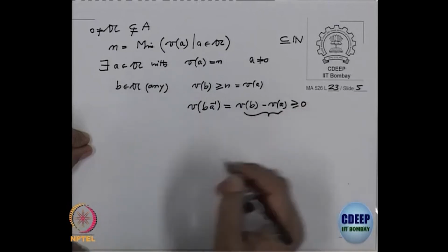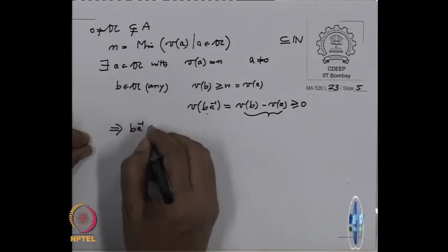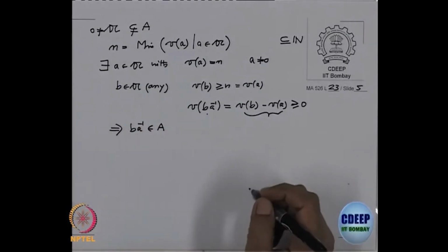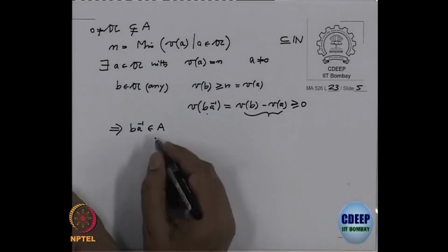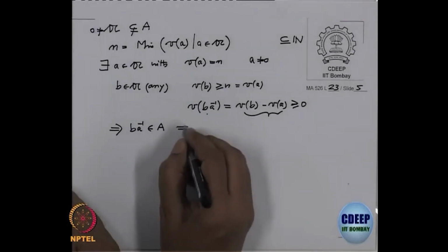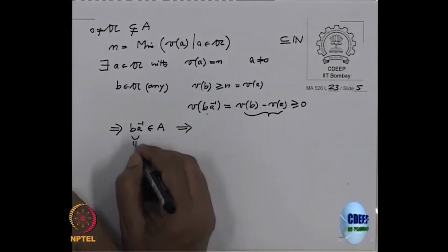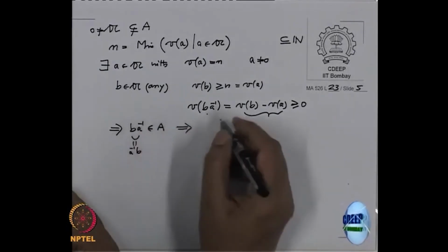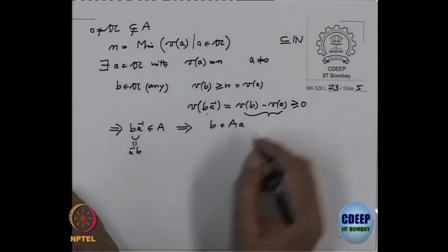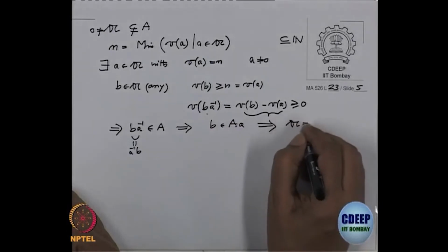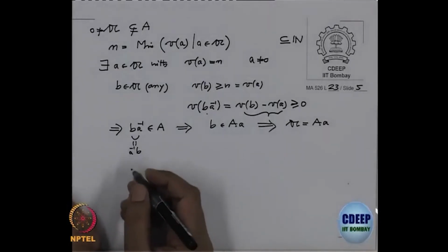This means b a inverse belongs to the discrete valuation ring given by V. So, b a inverse is in A, and multiplying by a, we get b belongs to the ideal generated by a. So altogether we have shown that 𝔞 is generated by a. So, A is principal. Okay, now 2 implies 3.